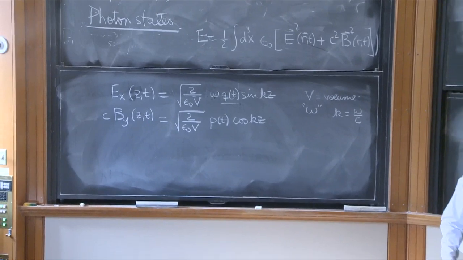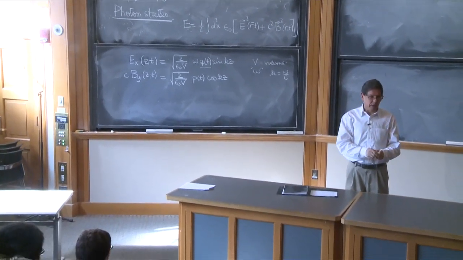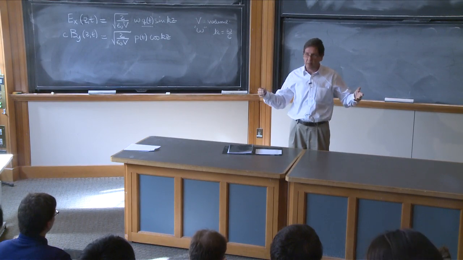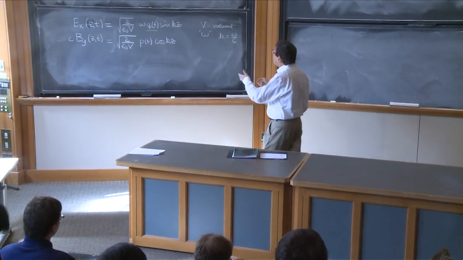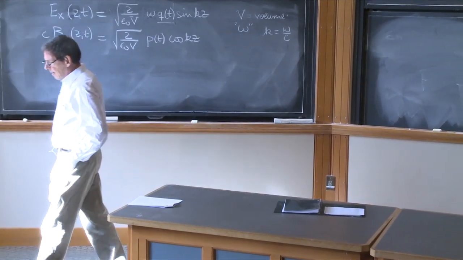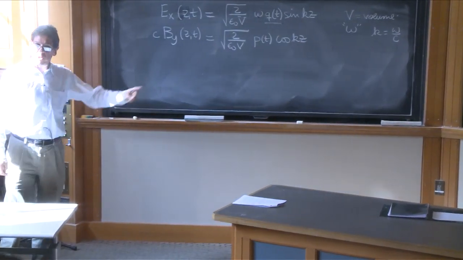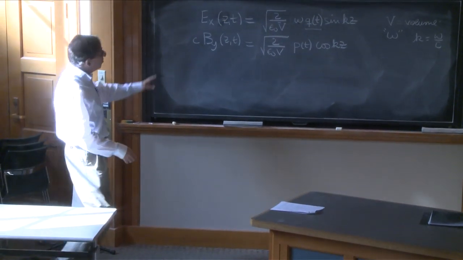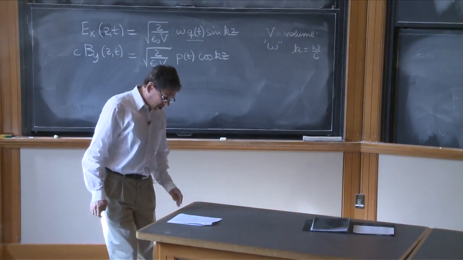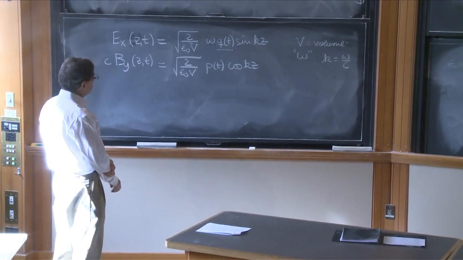This is an electromagnetic field configuration, and this q of t and p of t are functions of time that you know from Maxwell's equations, and you will check things related to Maxwell's equations for this configuration in the homework, but at this moment it's not too crucial.